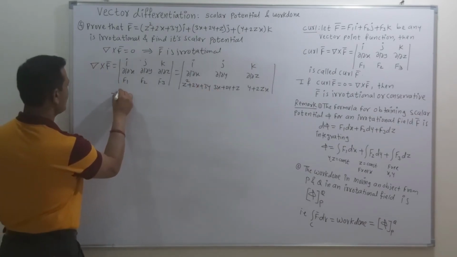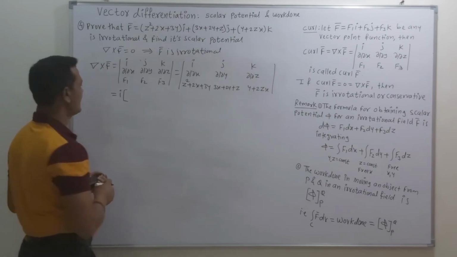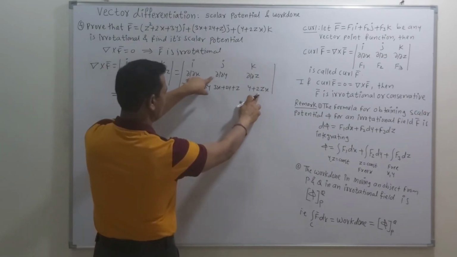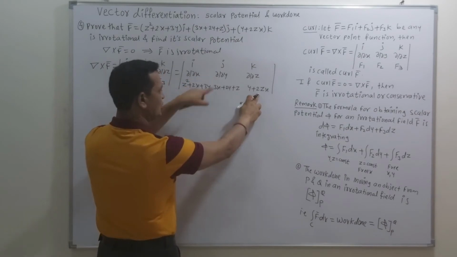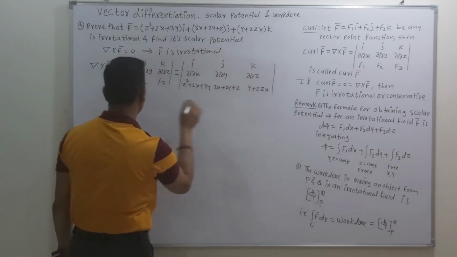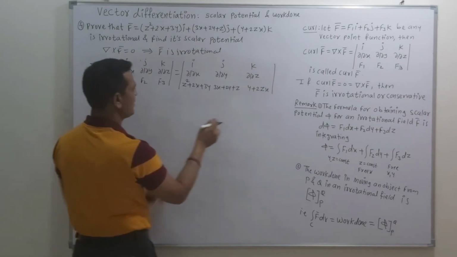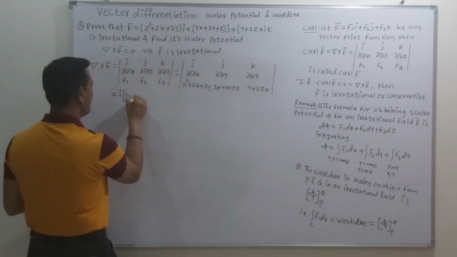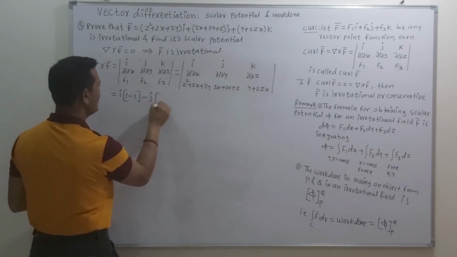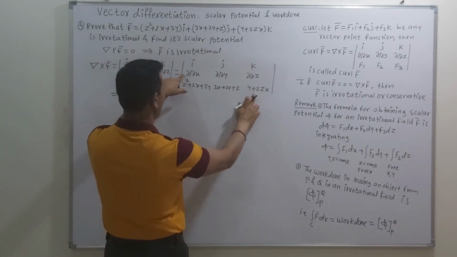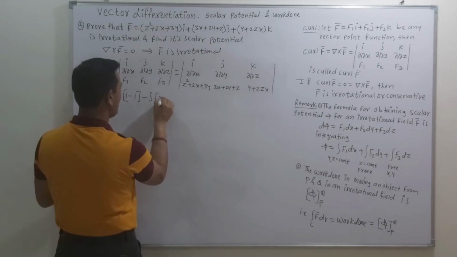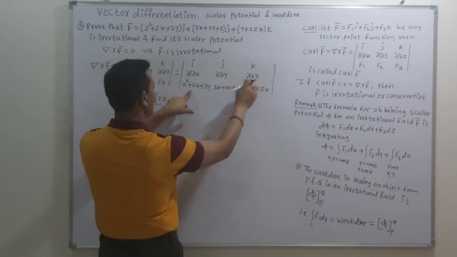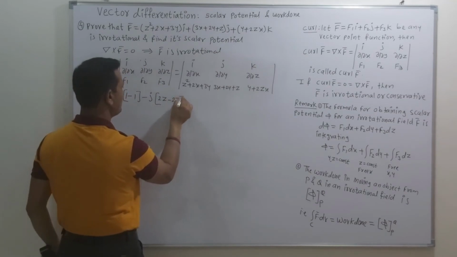If we evaluate this, we get i times the partial derivative of this term with respect to y, while taking the partial derivative x and z are constant, so its derivative is 1, minus the derivative of this term with respect to z, which is 1. Minus j times the derivative of this term with respect to x, which is 2z, minus the derivative of this term with respect to z, which is again 2z.